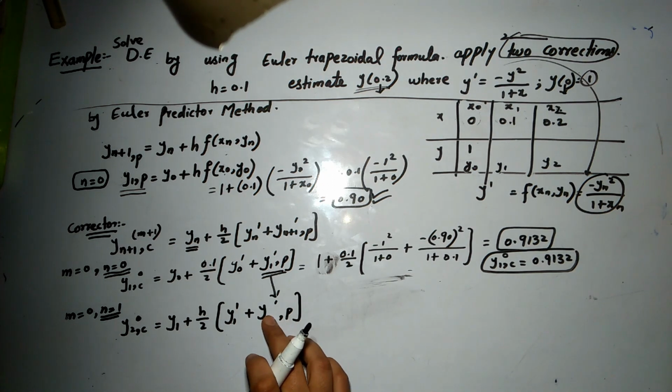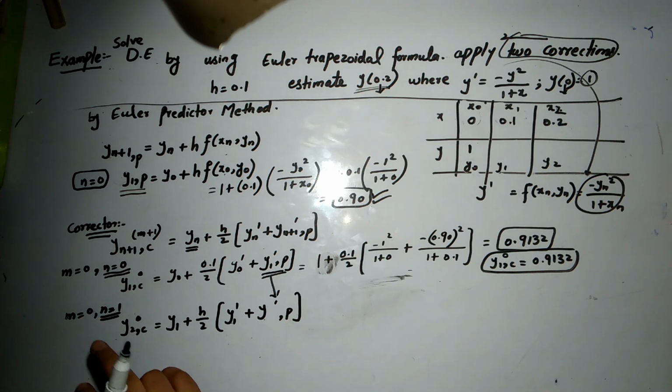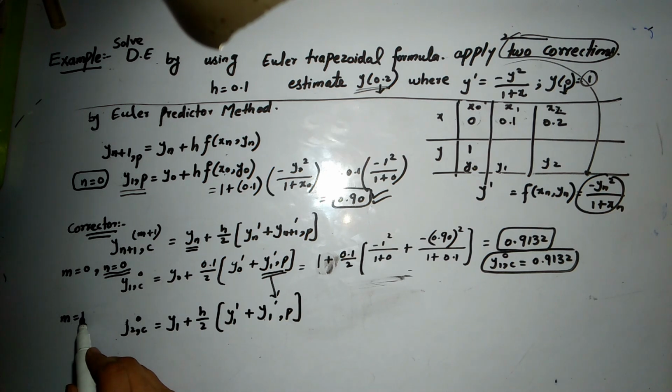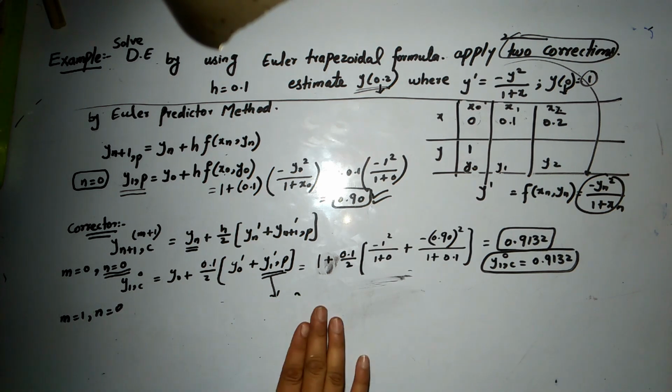Y of n is equal to 1, so this will become y1 of p dash. Here m is equal to 1 and n will be equal to 0, because this is the second correction.